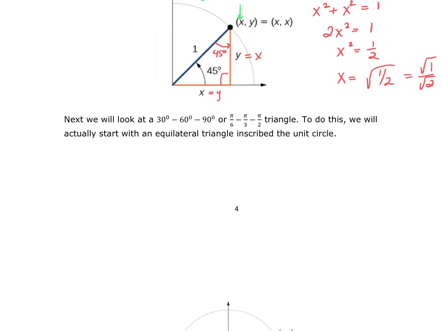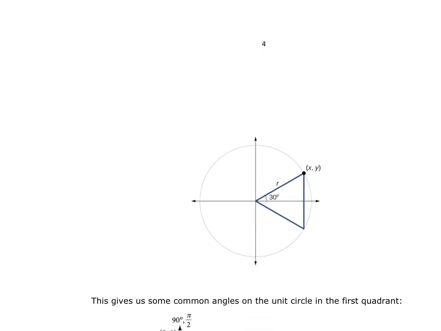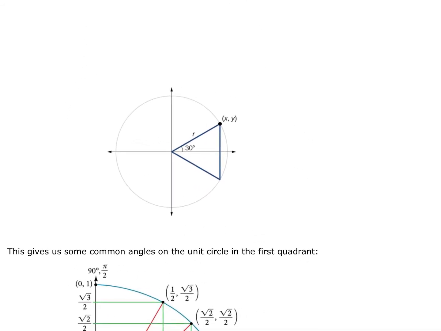What we're going to do now is look at the 30, 60, 90, or the pi over 6, pi over 3, pi over 2 triangle. And what we do is we first start out with drawing the equilateral triangle, where the radius is 1 here. That means this radius is 1 here, and that means this distance is also equal to 1.